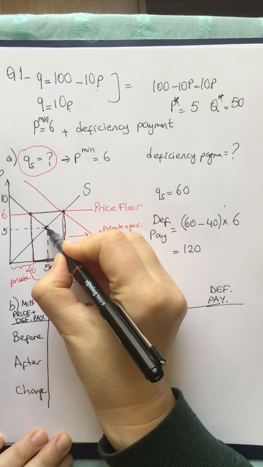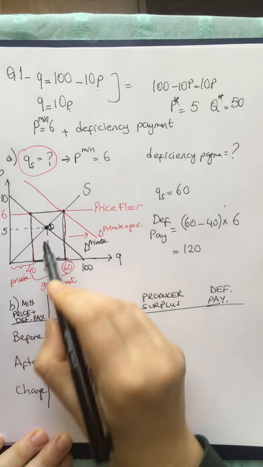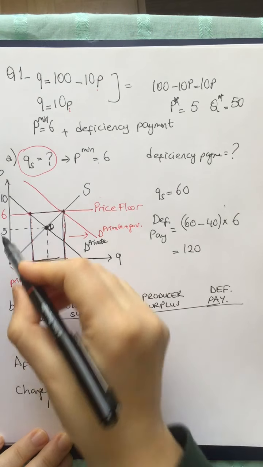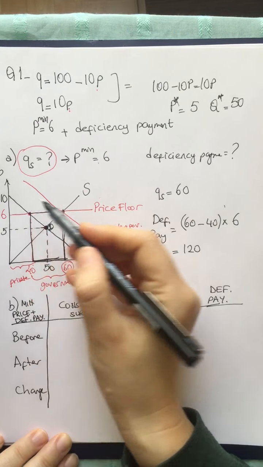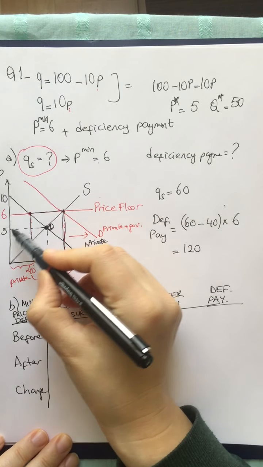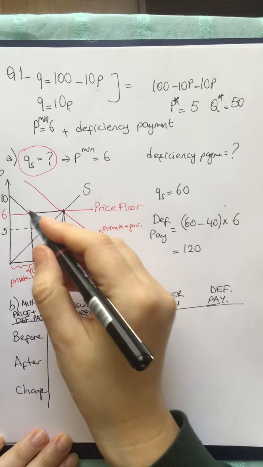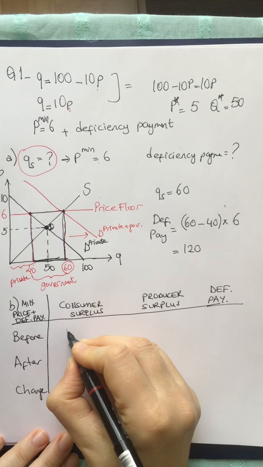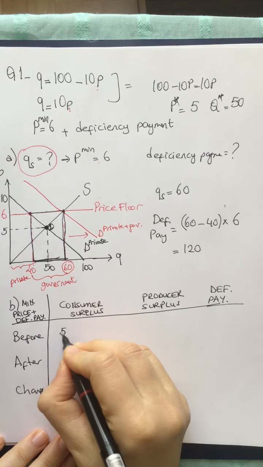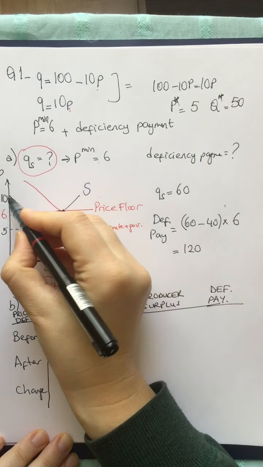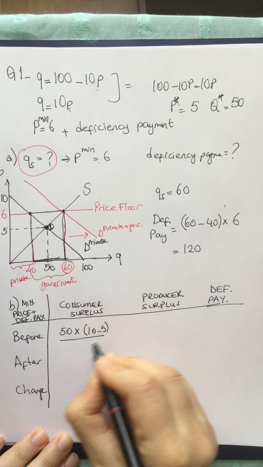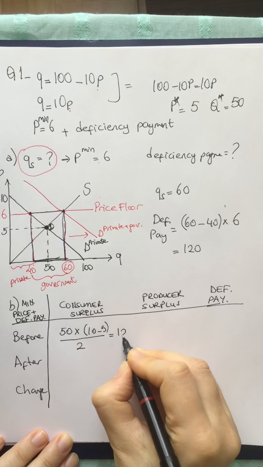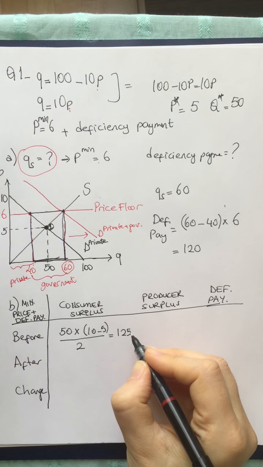The initial equilibrium was here, let's say at 0.1, and the consumer surplus was the area above this 5, or the area between the demand function and the equilibrium price, and this area is base, which is 50 times height 10 minus 5 over 2, which is 125.